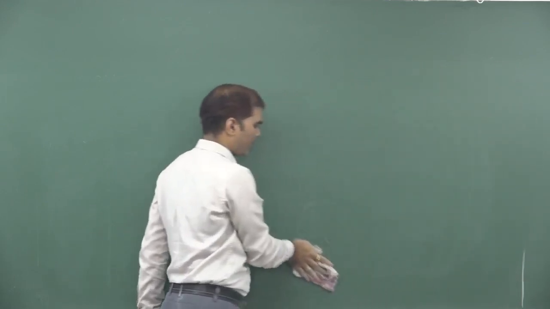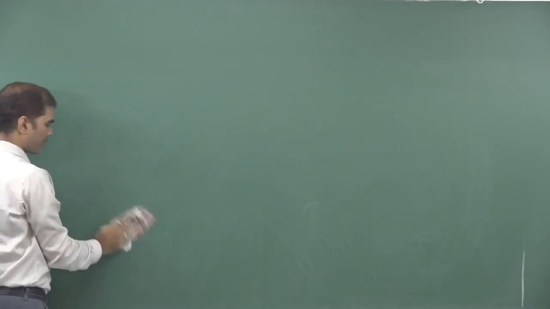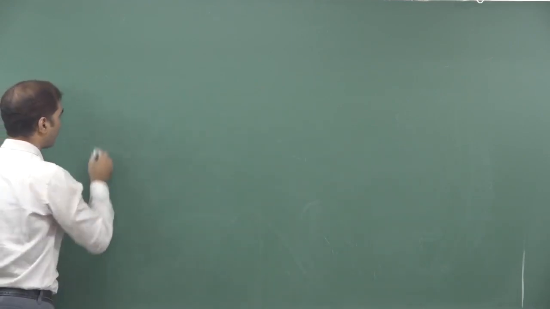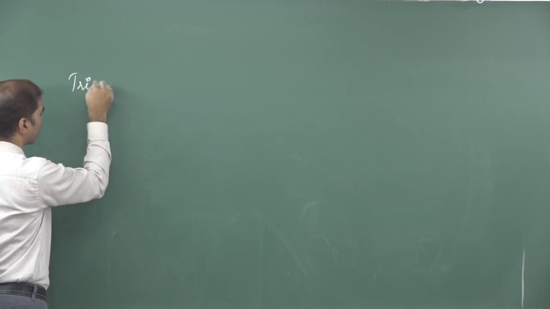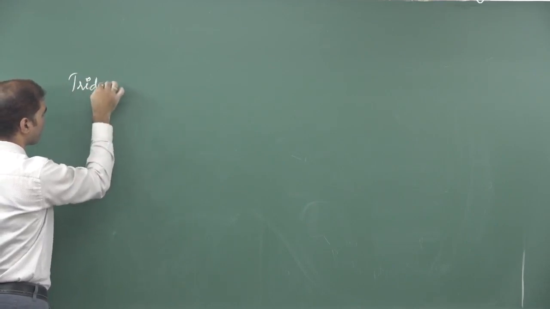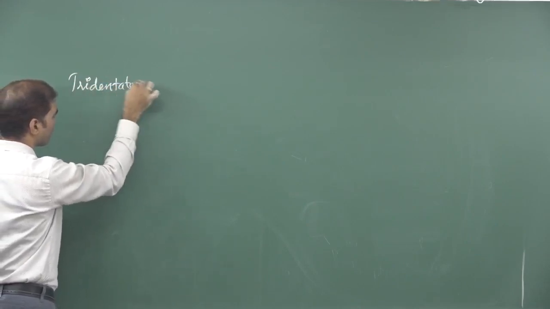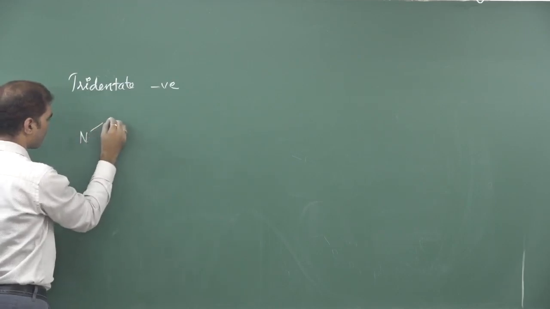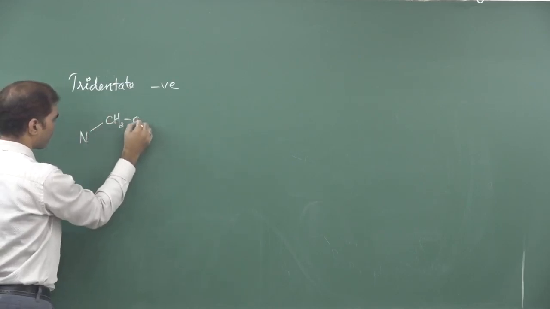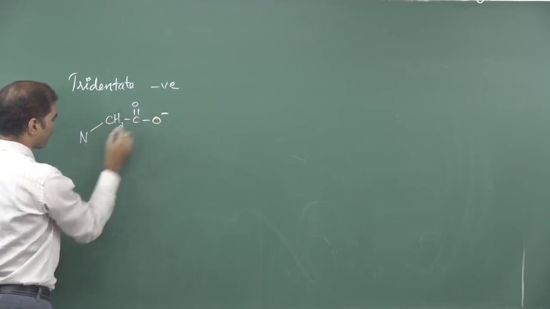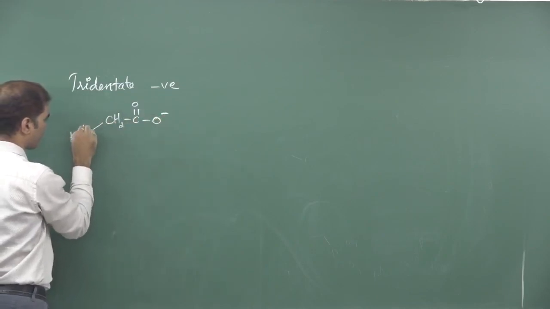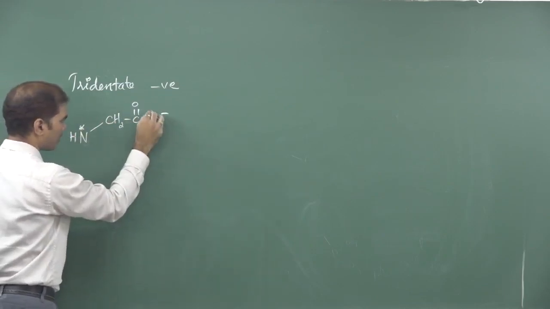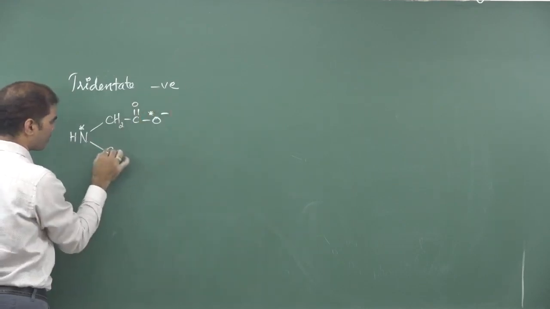Next you put tridentate negative. Since these are larger, I am just taking only one table.